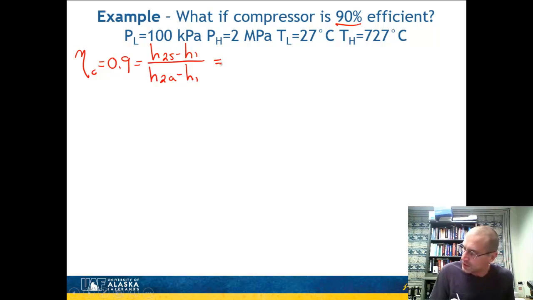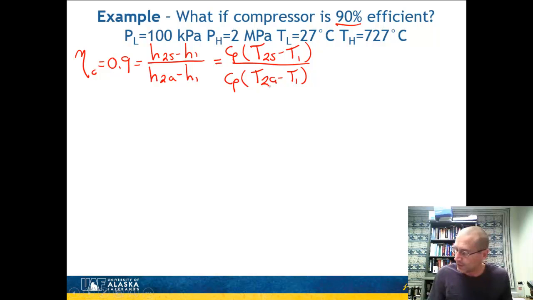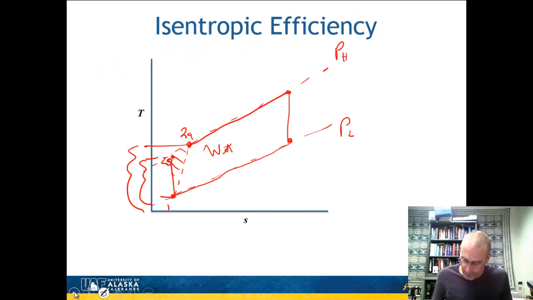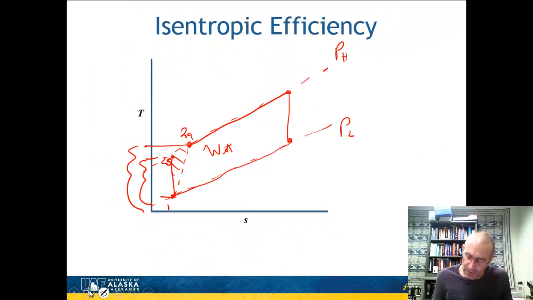And if we have a constant heat capacity, that's going to end up being Cp (T2s minus T1) over Cp (T2 actual minus T1). And so we're going to need to determine what is T2 actual. And so T2s, well, we got that from our previous problem. That's 706 because that was the isentropic one.